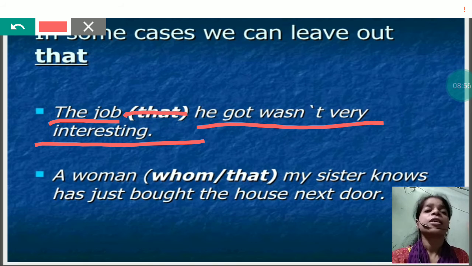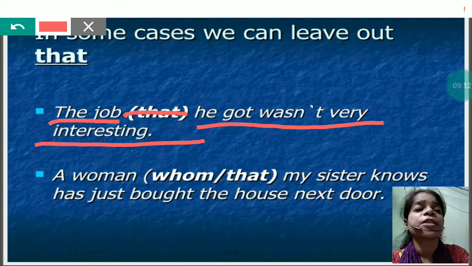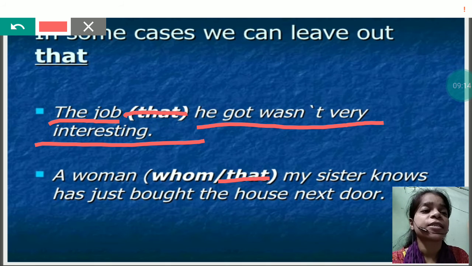Next example, the woman dash my sister knows has just bought the house next door. So it can be written like this: the woman whom my sister knows has just bought the house next door. Or you can write the woman that my sister knows has just bought the house next door.